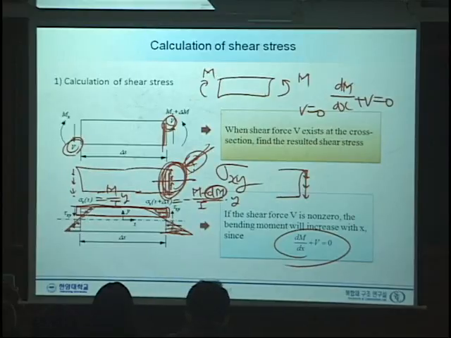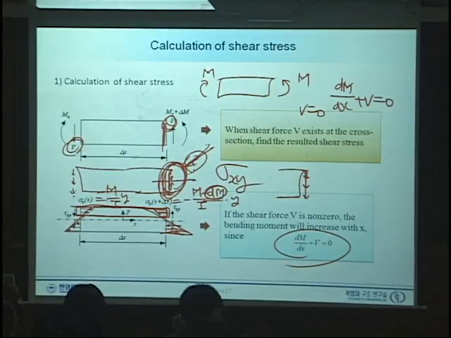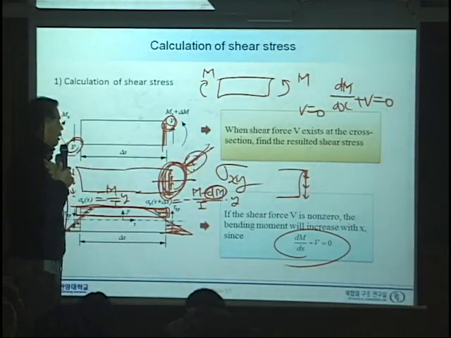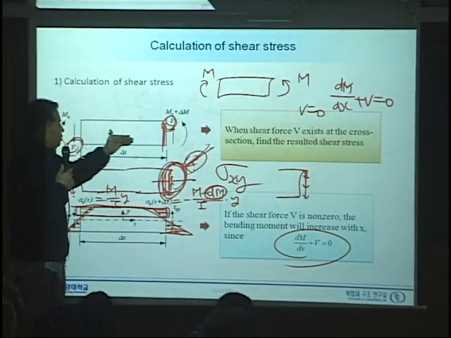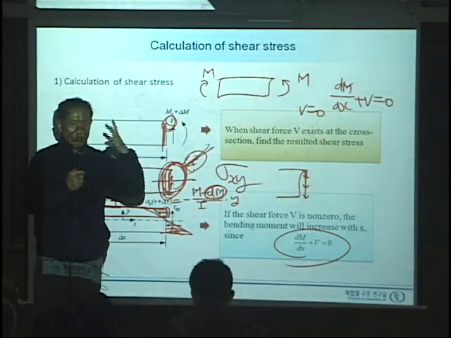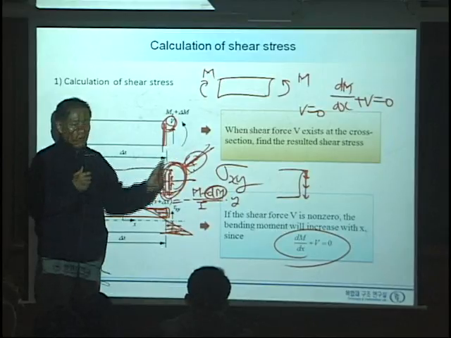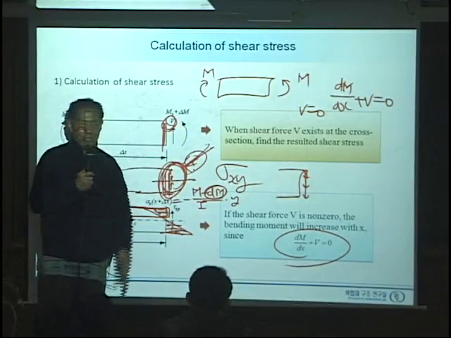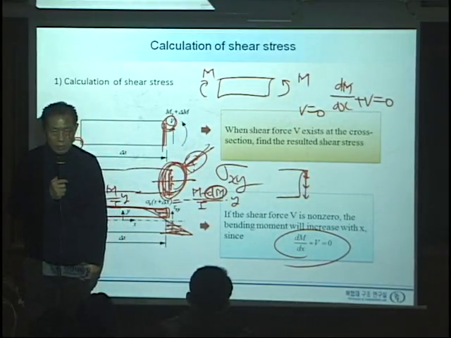Bending stress means sigma xx. How about the shear stress? Why do we need to consider shear stress? Well, actually a beam is subject to two loads. One is the shear load, the other one is the bending moment.